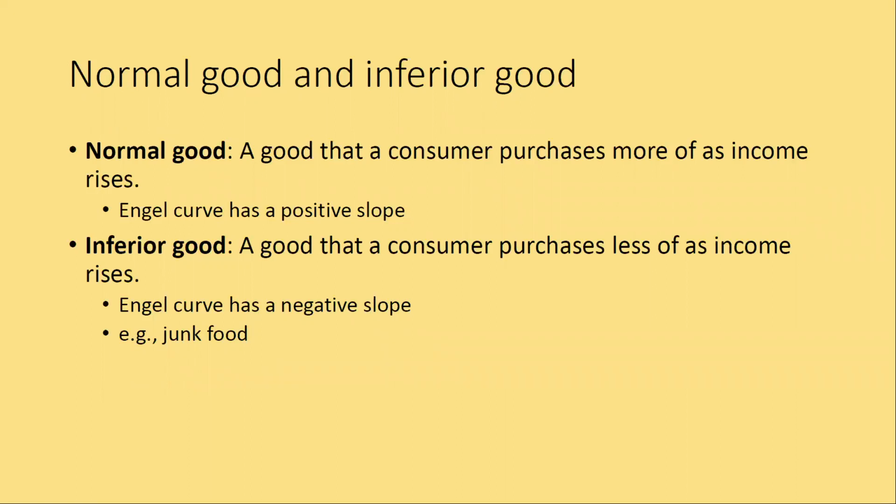But as people's income becomes higher and they are able to afford goods of higher quality, which are potentially more expensive as well, people will substitute those goods of low quality with goods of higher quality. So when people's income rises, the amount of low-quality goods that people purchase becomes less, making those goods inferior goods.